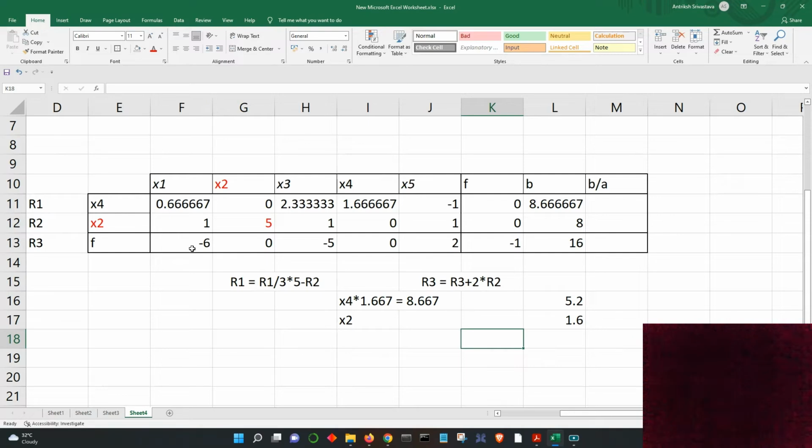X1 is a non-basic variable, so 0 into minus 6. X2 has some value 1.6, but it is multiplied with 0. X3 is non-basic, so 0. X4 has some value 5.2, but it is multiplied with 0. X5 is non-basic, so 0. F is multiplied with minus 1. We don't know its value. So minus 1 F is equal to 16. So what is the value of F?